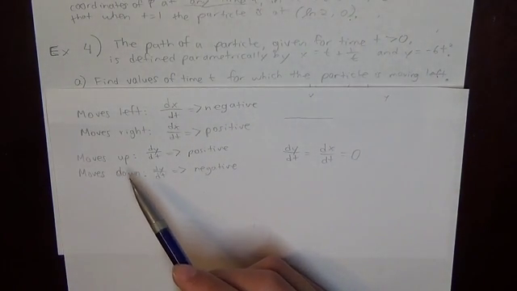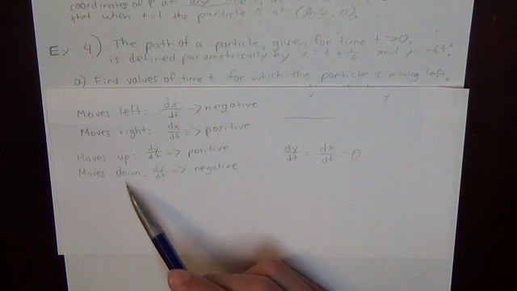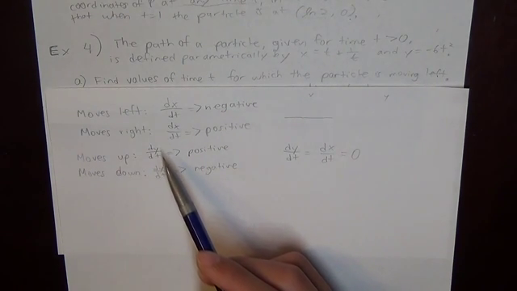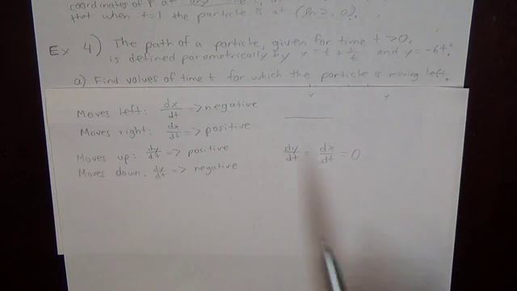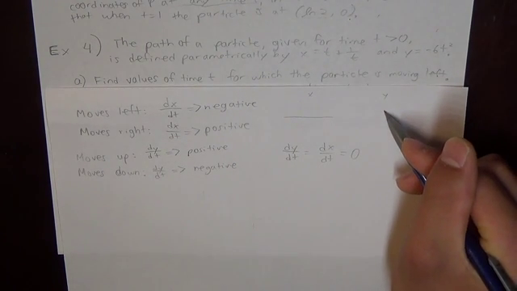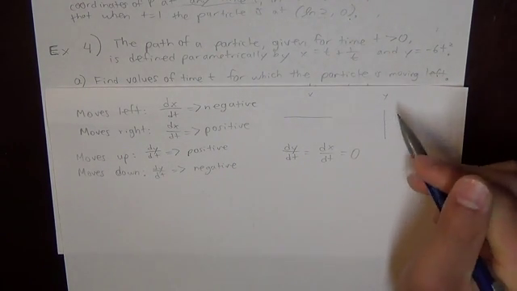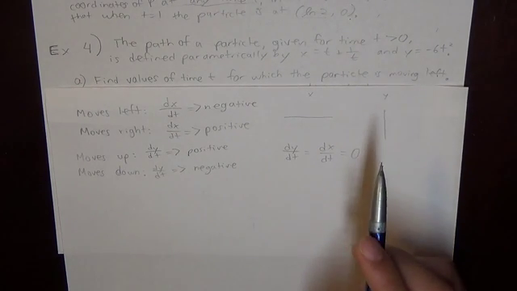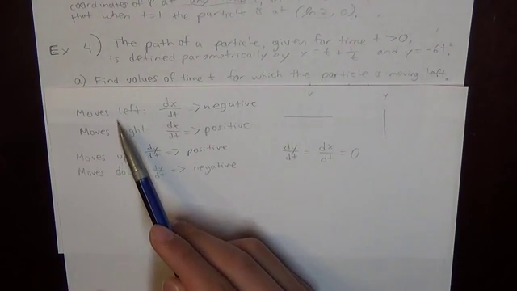When a particle is moving up or down, that means we're working with dy/dt, because the y-axis is vertical, right? So you just need to know that.